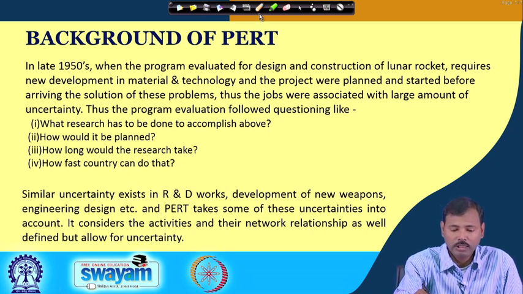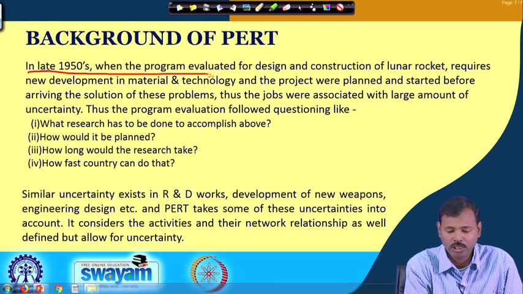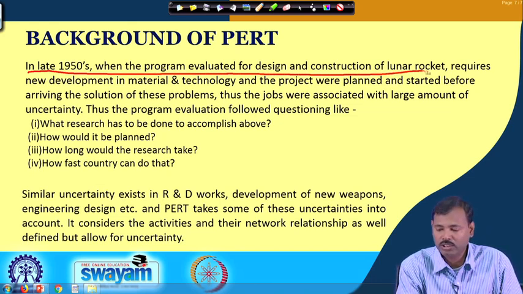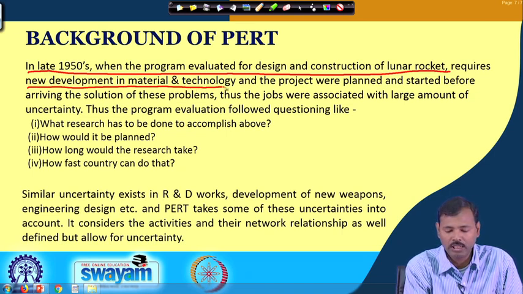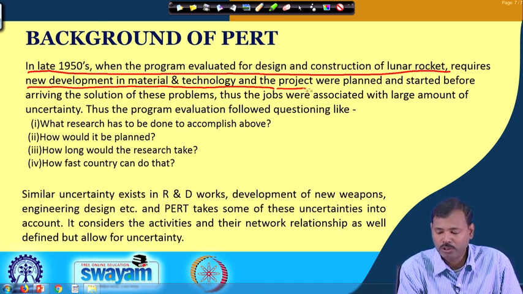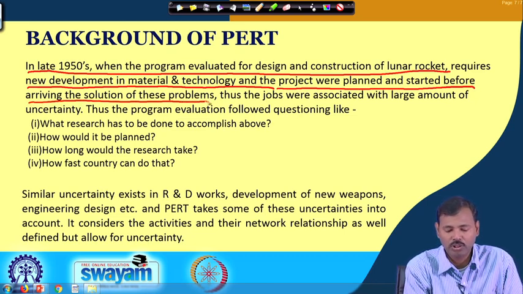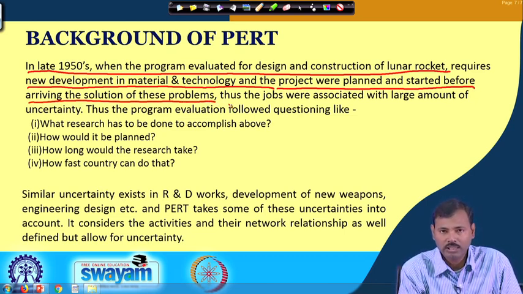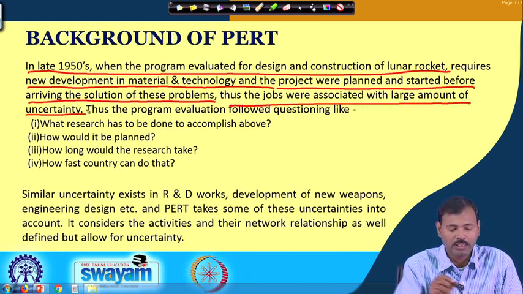So, let us see a little bit of the background of this. In 1950, when the program was evaluated for design and construction of a lunar rocket, it required new development in material and technology, and the project was planned and started before arriving at the solution of these problems. Thus, the jobs were associated with a large amount of uncertainties.